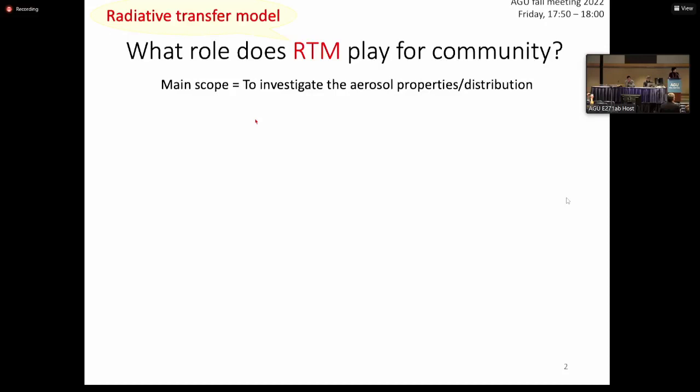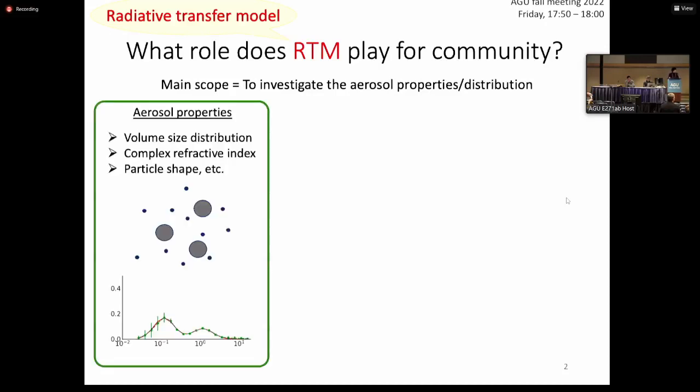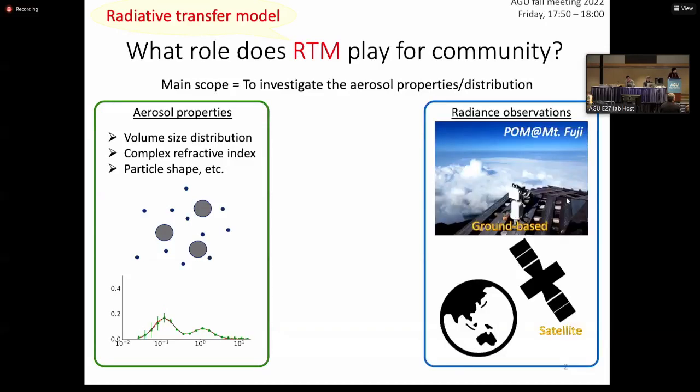I can skip these steps because everyone knows why RTM is required. Accurate radiative transfer is crucial for retrievals.